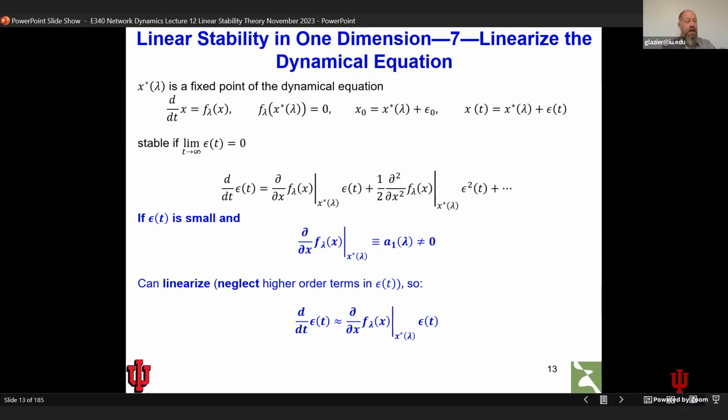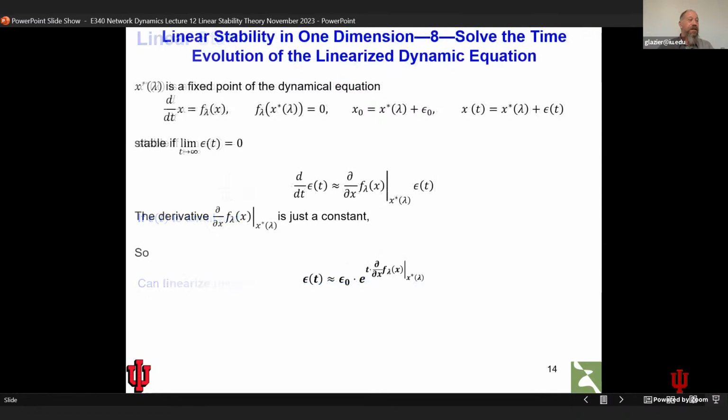Again, d by dx of f of x evaluated at x star looks very complicated, but remember that's just the slope of f when it crosses the 0 line, and it's just a constant, it's just a number. And so what we have is d by dt of epsilon is equal to some number times epsilon. Remember, that was one of the 2 or 3 mathematical things you have to have in your bones.